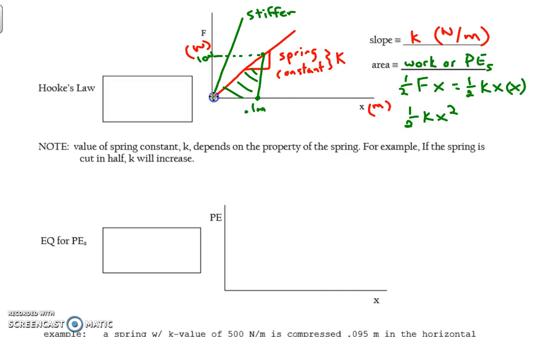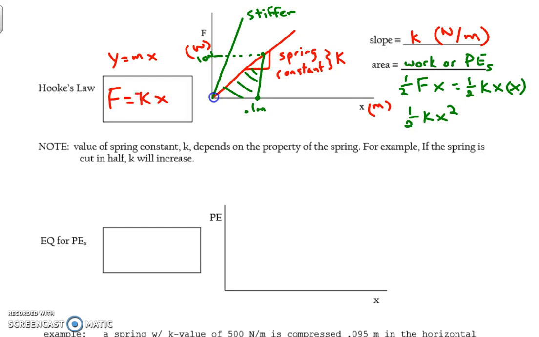So you're going to be asked to find the area or the work done on a spring, and using the graph is really important, the area under the graph. Okay, so Hooke's law from this first one, we have y equals mx plus b. Okay, b is 0 here, so y is force, the slope is k, and x is x in this particular case.